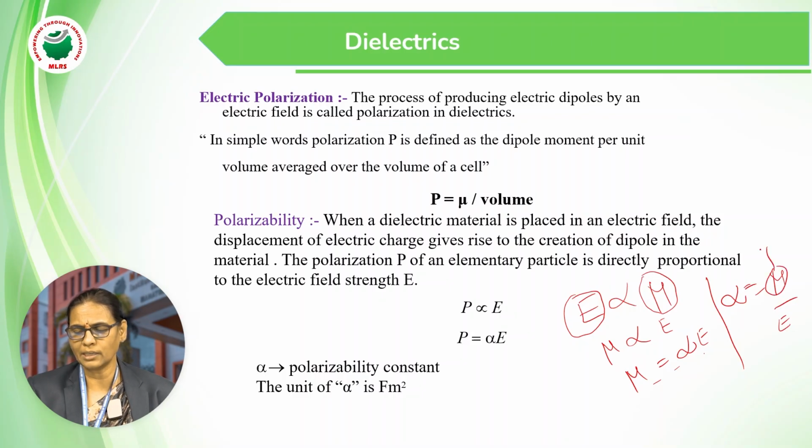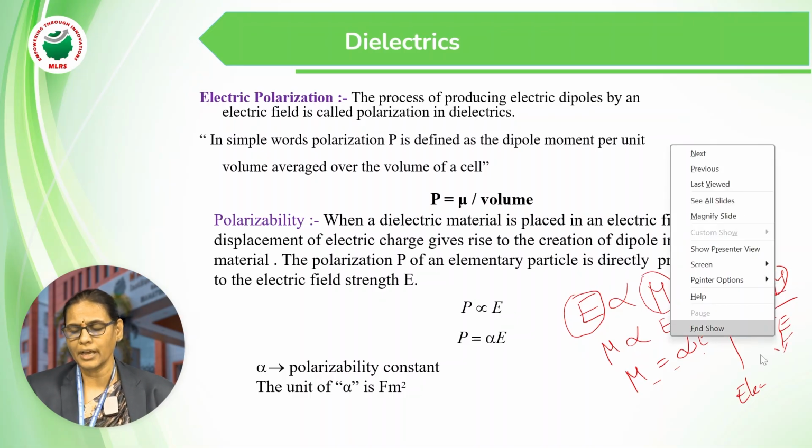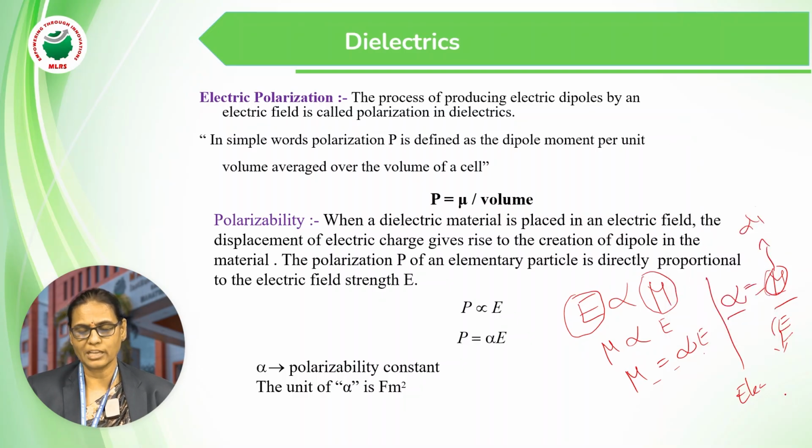Mu is nothing but the dipole moment. Now, what is this E? E is nothing but the applied field, that is the electric field. Now, we can define polarization as dipole moment per unit electric field. Dipole moment per unit electric field, that is called polarization.